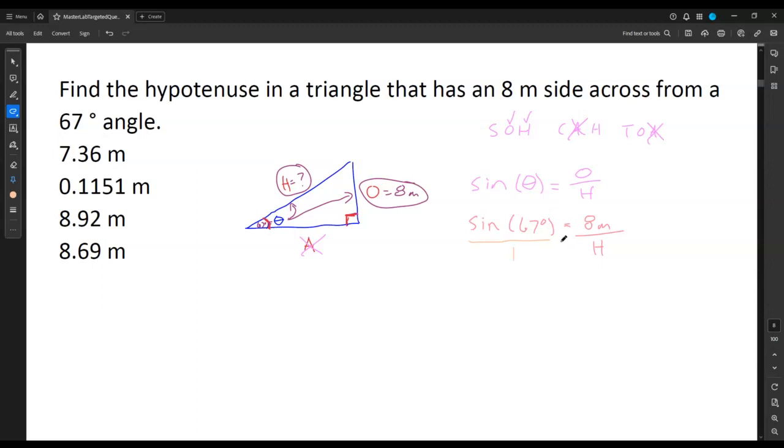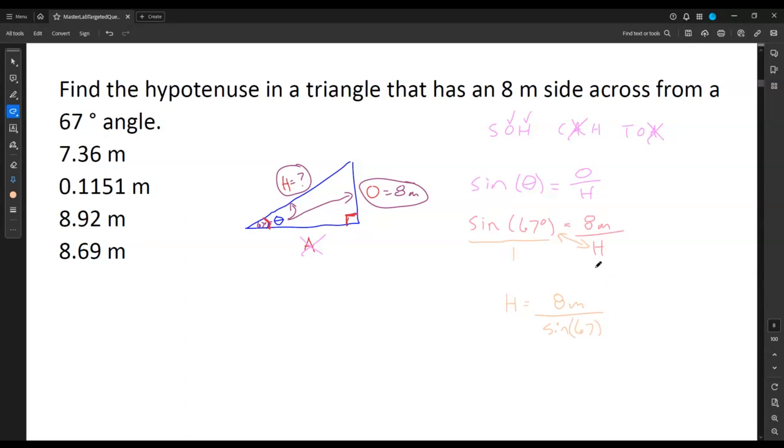The nice thing is proportions are a little bit funny. Anything that's diagonal can be traded, right? So I can swap these in their positions. Instead of sine of 67 here, I can put that in the bottom of this fraction. And the h will move up there and take its place. So that will tell me that hypotenuse is equal to 8 meters divided by sine of 67.